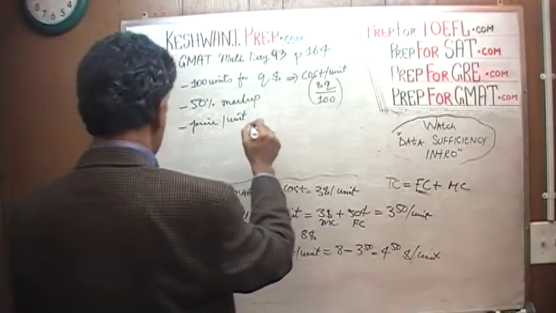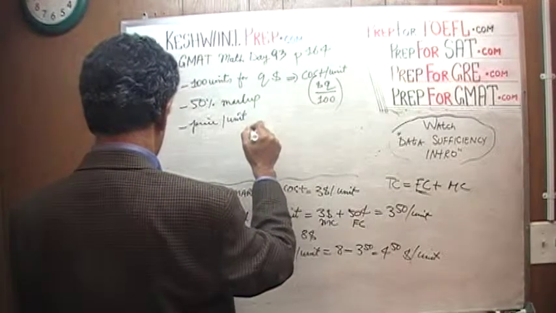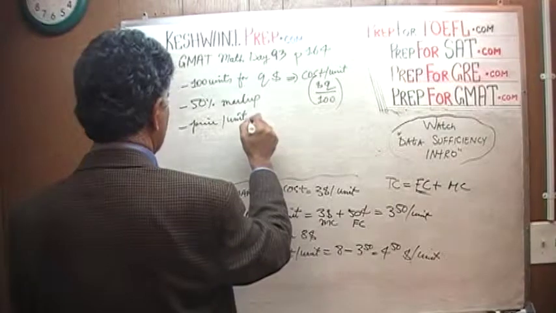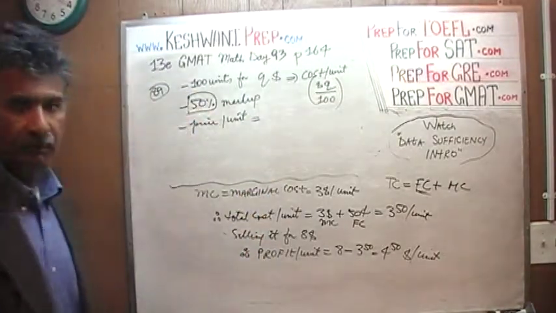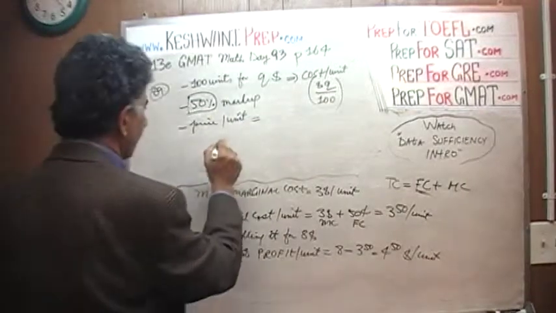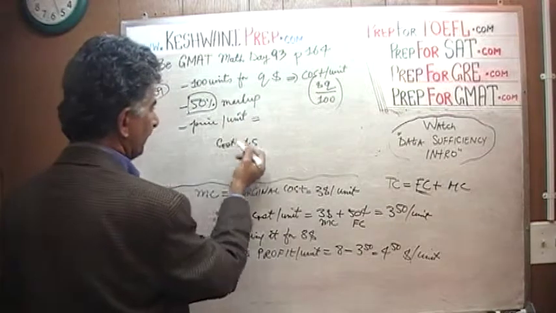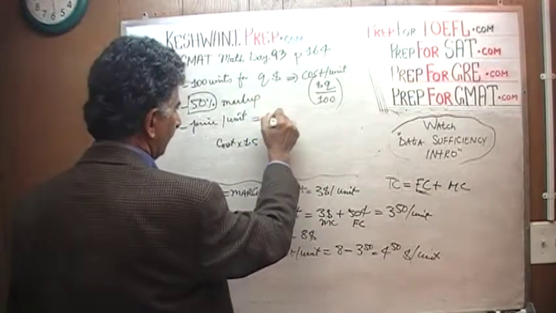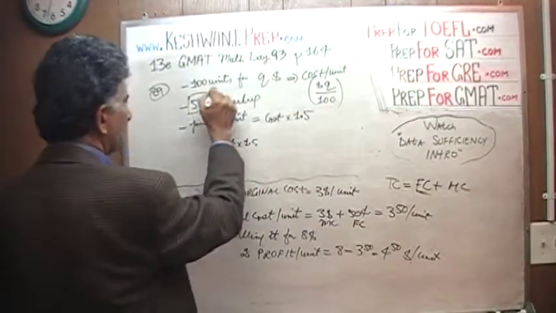Price per unit is going to be, because there is a 50% markup, whatever the cost is times 1.5. The 0.5 represents the 50% markup.